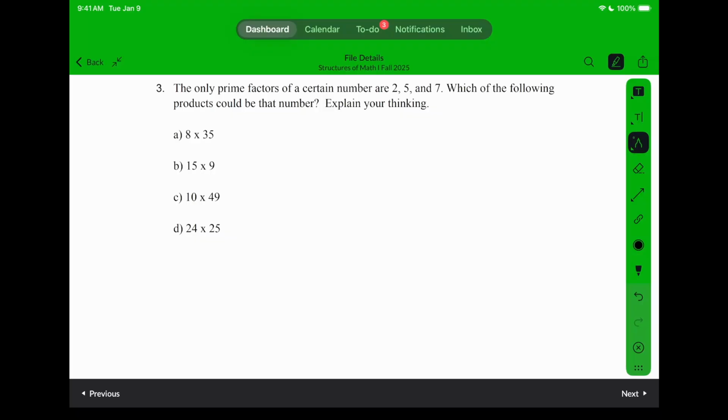So it could be any combination of that. It could be 2 times 5 times 7. It could be 2 squared times 5 cubed times 7 to the 7th. It could be any of these combinations. It's just that the only prime factors are a 2, a 5, and a 7.